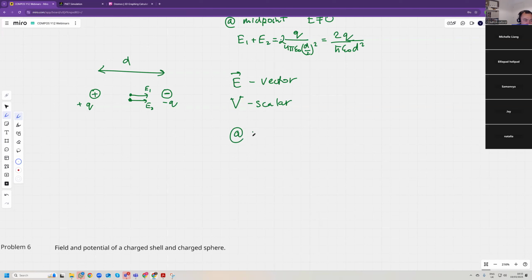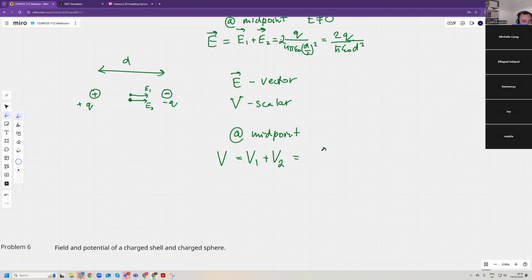So at the midpoint, the potential is equal to the potential due to charge 1 plus the potential due to charge 2. The electric field is a vector sum, but the potential is a scalar sum.